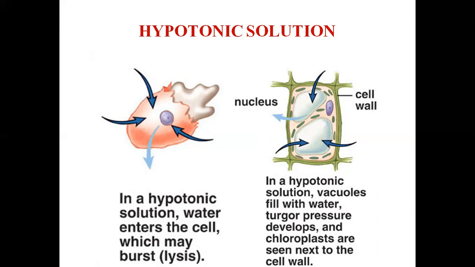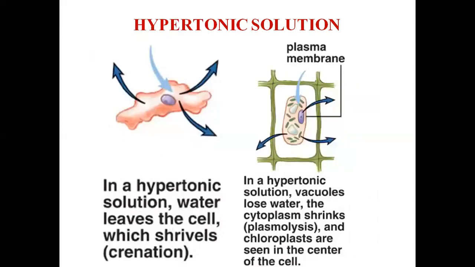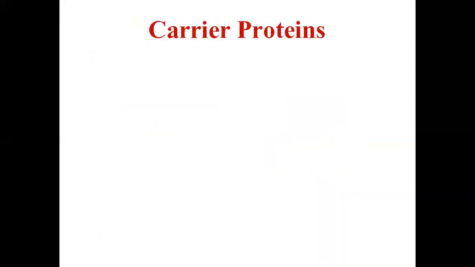So what is a hypertonic solution? In a hypertonic solution, water leaves the cell, which shrivels, and vacuoles lose water and the cytoplasm shrinks. This is plasmolysis, and chloroplasts are seen in the center of the cell.